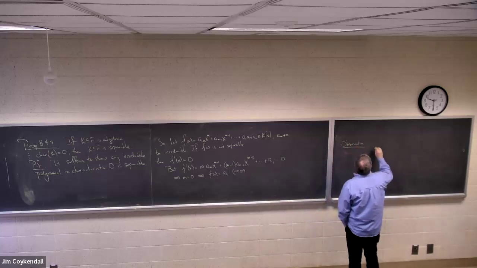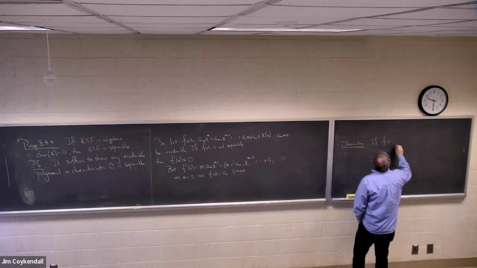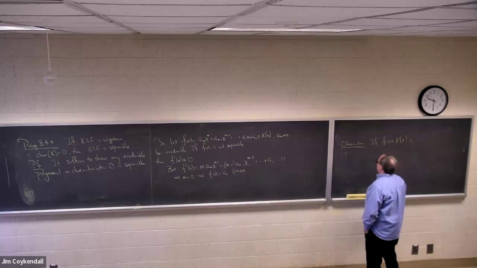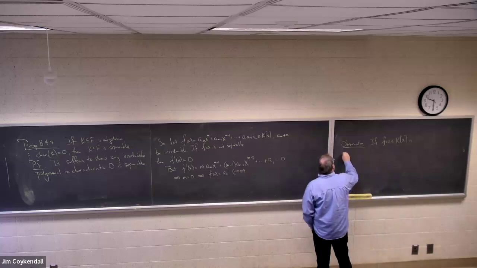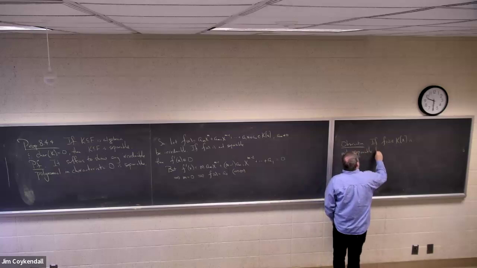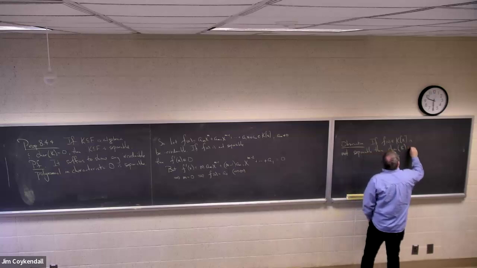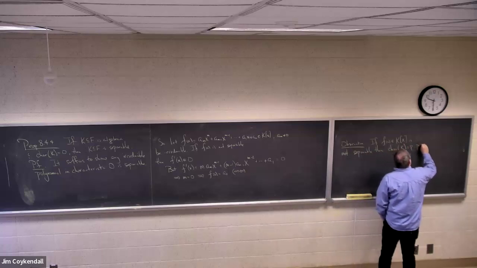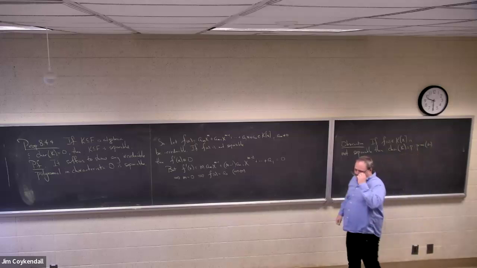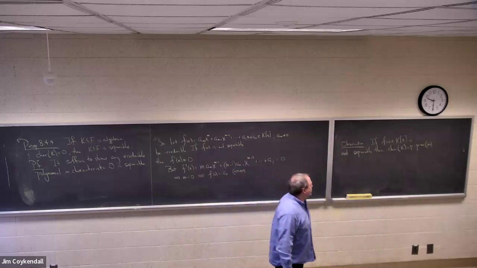The thing I'm going to observe is, if f of x in k[x] is not separable, then the characteristic of the field k has to be p, for p some positive prime.